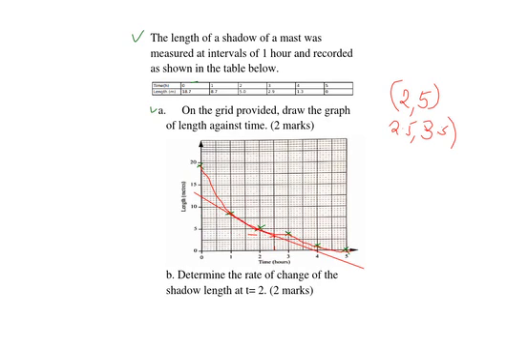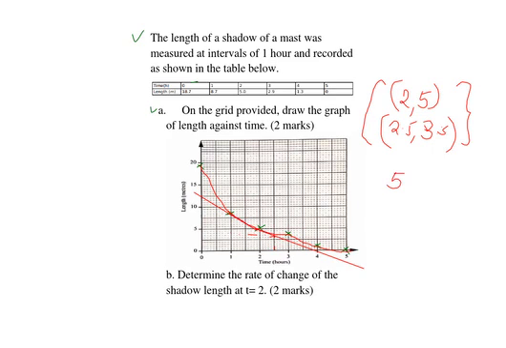Make sure the points you are taking lie on that line which is touching the curve at t equals 2. So we find the gradient of this line, and that will give us the rate of change of the shadow length at t equals 2.